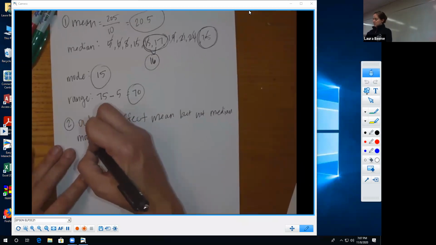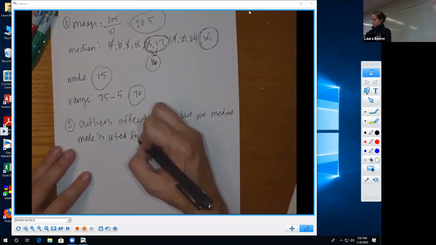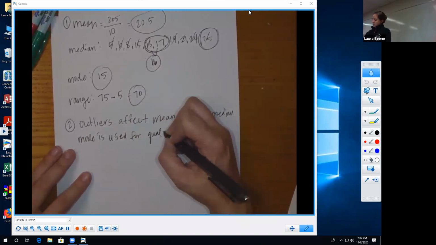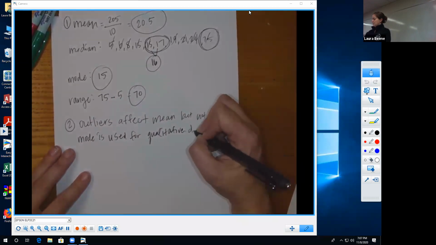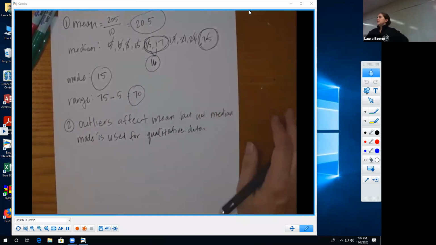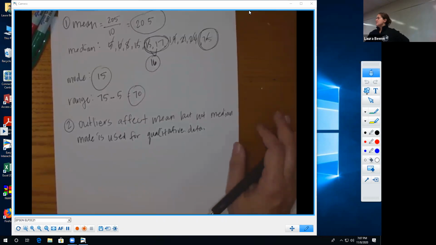So mode is used for qualitative data, which is like, what's the most common hobby? Like you couldn't average together people's hobbies to tell what the most common hobby is. You'd have to use the mode, like the one that occurs the most there.